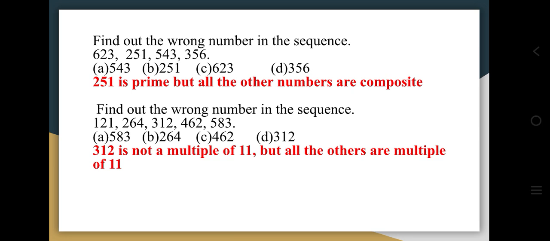We can say either 356 is an even number and all others are odd numbers.